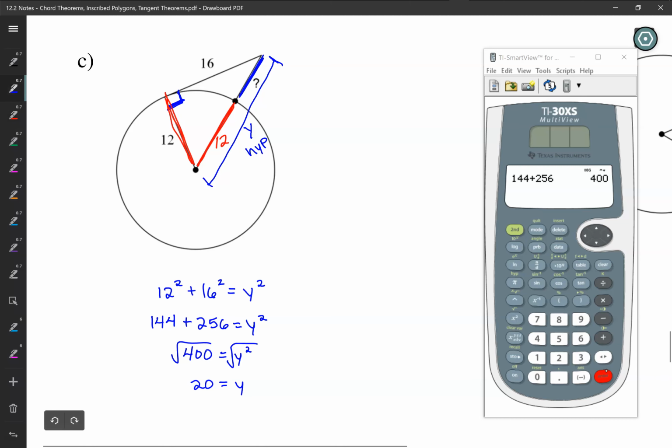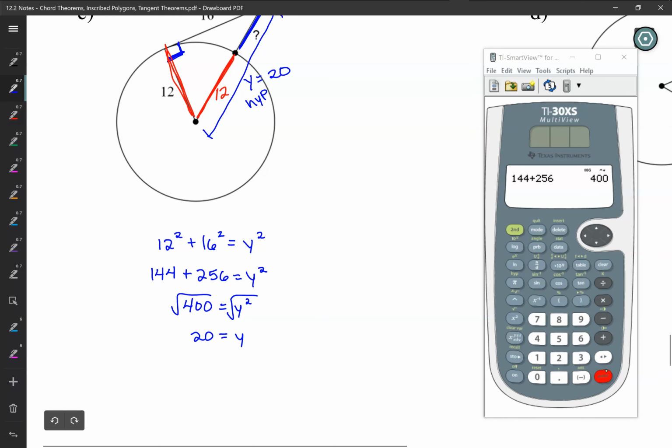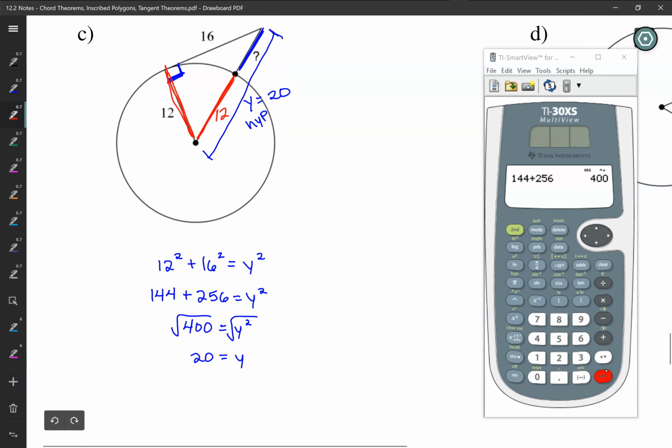So if y is 20 and that piece is 12, how do I get the question mark? The question mark is going to equal 20 minus 12, which is 8.